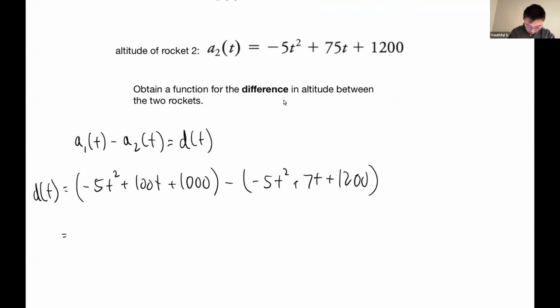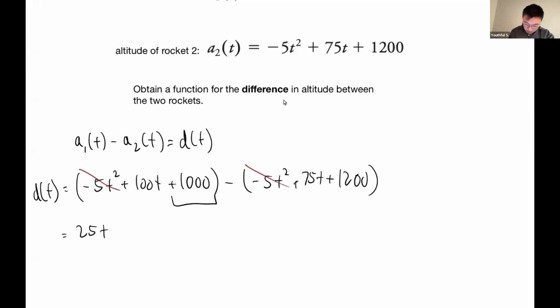Okay, so we have negative 5t squared minus negative 5t squared. That's equal to plus 5t squared, so that just cancels out. Then we have 100t minus 75t, so we get 25t.